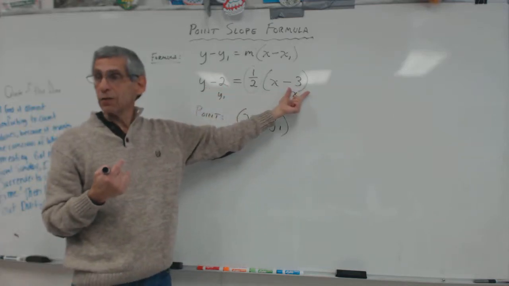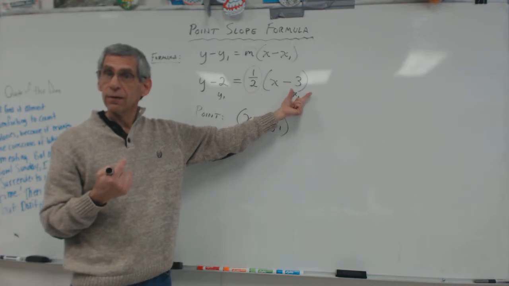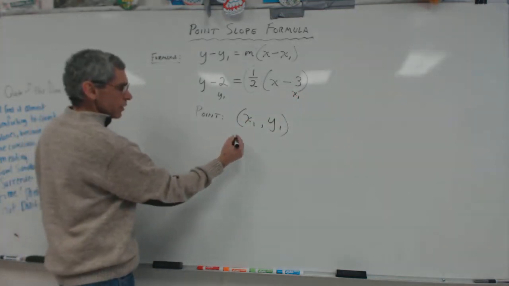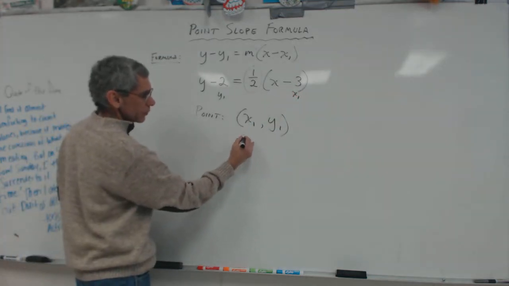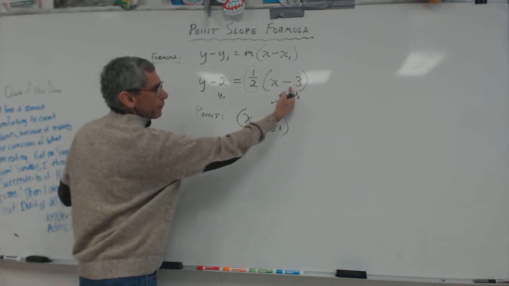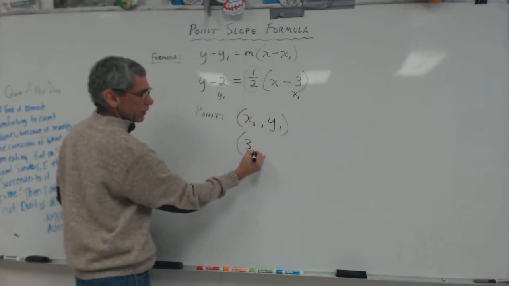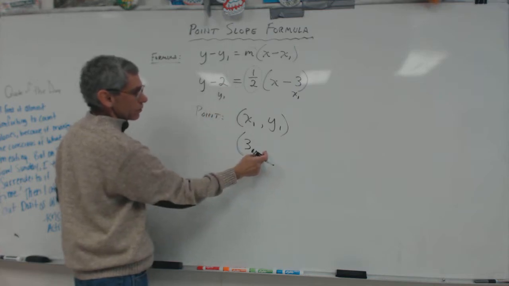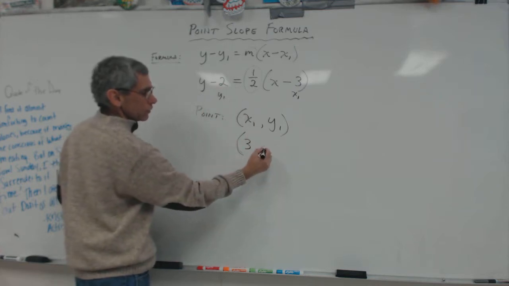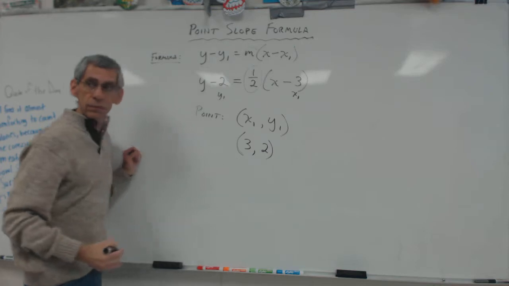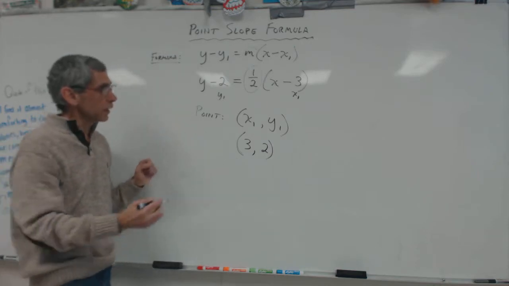Opposite meaning if it's negative, it's positive. If it's positive, it's negative. Does that make sense? So this point is the opposite of -3, which is +3, comma, the y now, the opposite of -2, which is +2. Make sense?